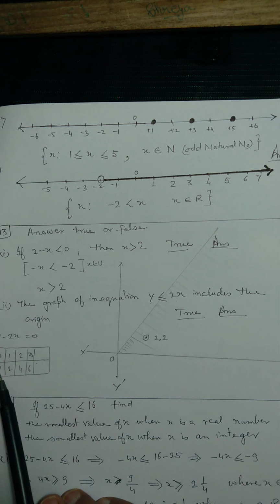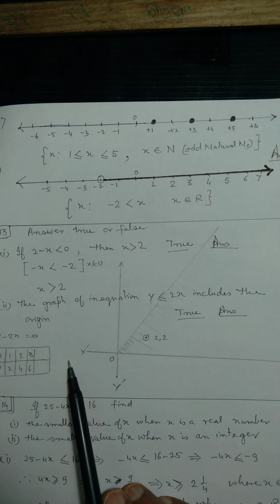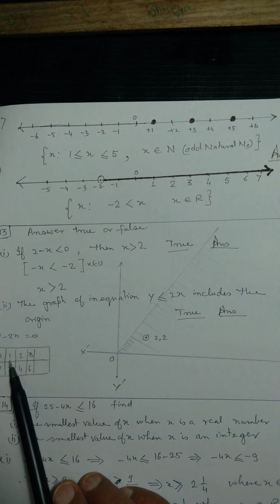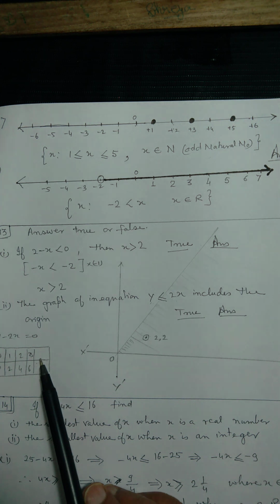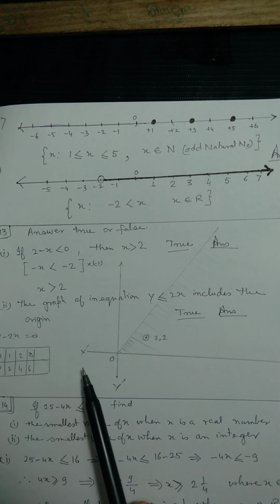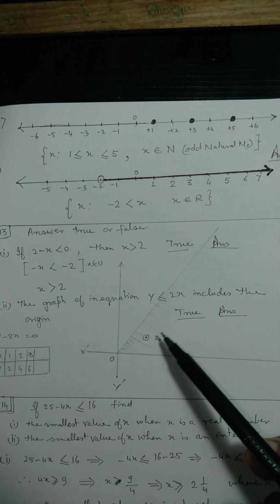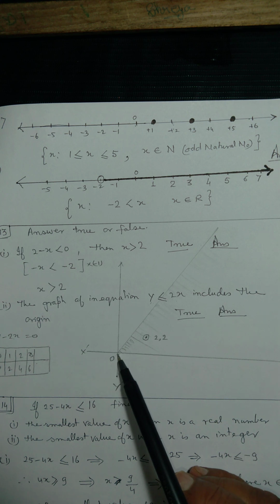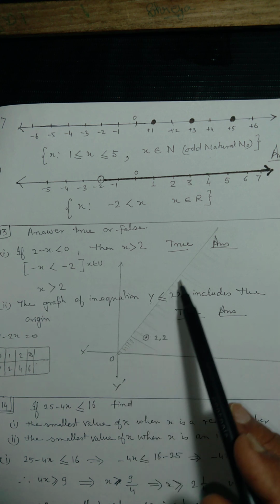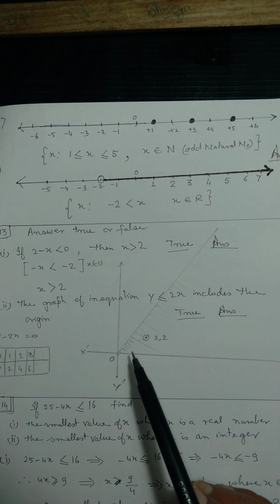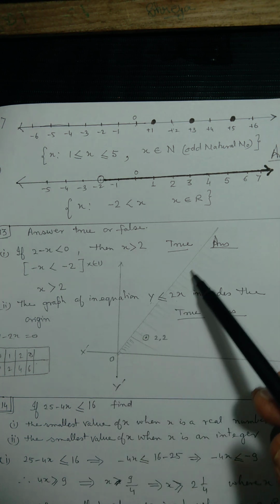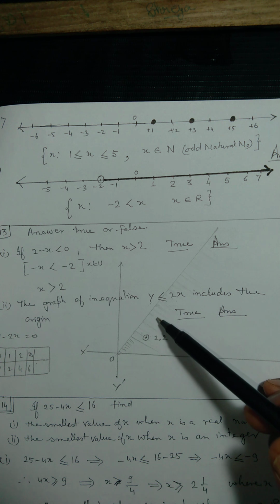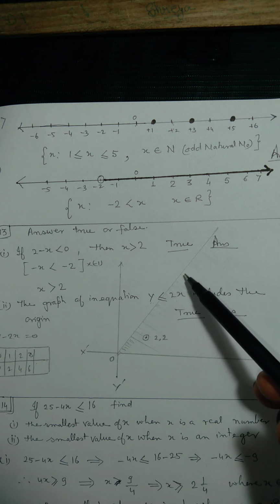So take different values of x and plot it. You see 0, 0, 1, 2, 2, 4, 3, 6, 4, 8, like that you will get. So once you plot it, the point 0, 0 is also on it, and it will come like this. If you draw the graph, this will be the graph line, y minus 2x is equal to 0.